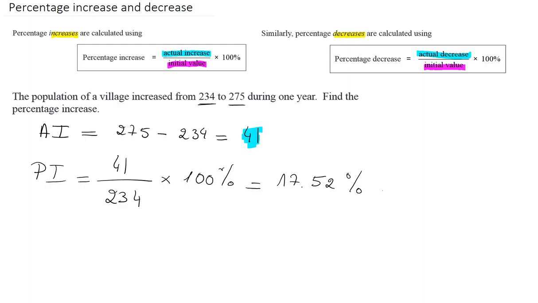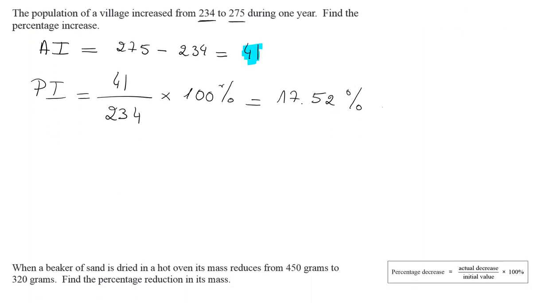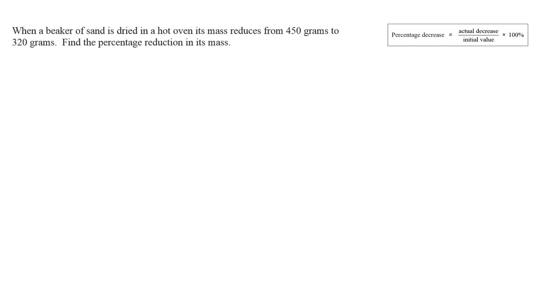Okay, another example. When a beaker of sand is dried in a hot oven, its mass reduces from 450 grams to 320 grams. Because of the hot air, your mass decreases or reduces, so it's going to be less. Find the percentage reduction in its mass.